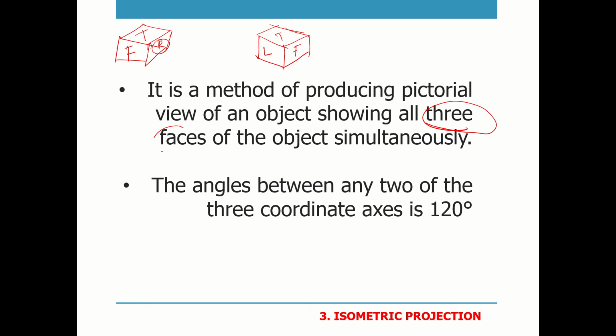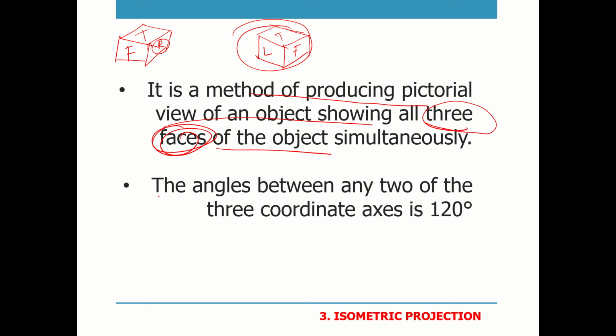Like I said, even in orthographic projection we said we need a minimum of 3 so that we can easily construct 3-dimensional objects. So isometric projection is a method of producing pictorial views of an object showing all 3 sides simultaneously.